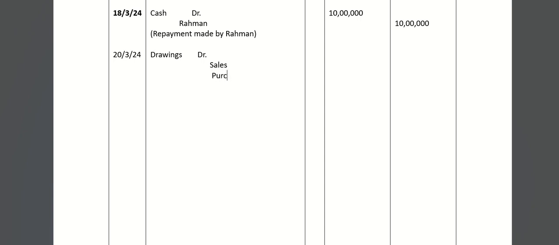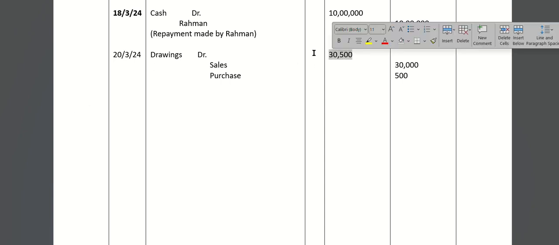Since we mentioned goods as purchase in the journal, we can write it as purchase. Now remember, the sales made for the party was for rupees 30,000 and the purchase, the goods, was worth rupees 500. So the total drawings amount to how much? 30,500.